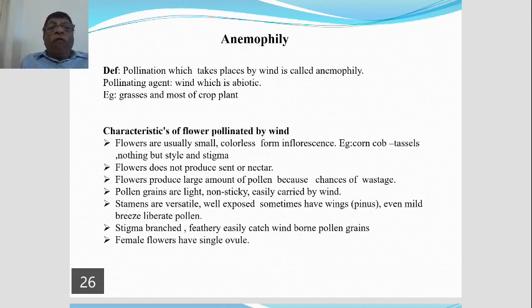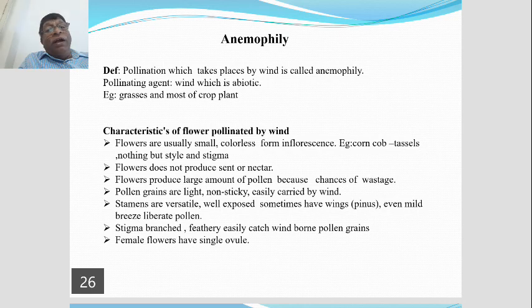Second character. Flowers never produce scent or nectar. Scent is not necessary. Fragrance is not necessary because the pollinating agent is wind, an abiotic agent. Nectar is also not produced. You know nectar? Honey. Honey is not produced because it's not useful to the wind. Flowers produce a large amount of pollen grains.